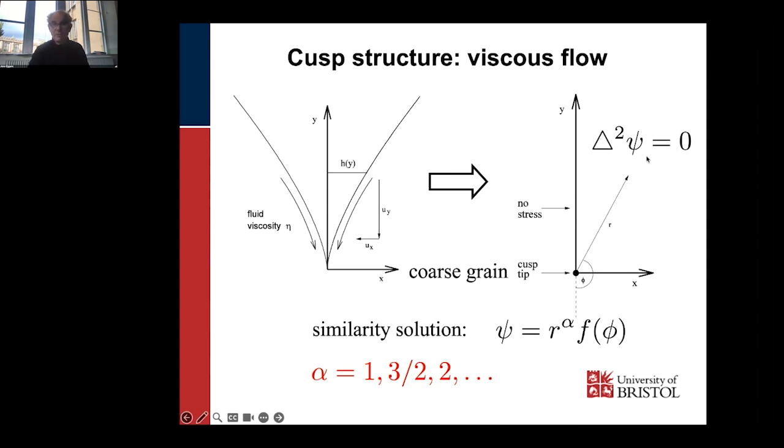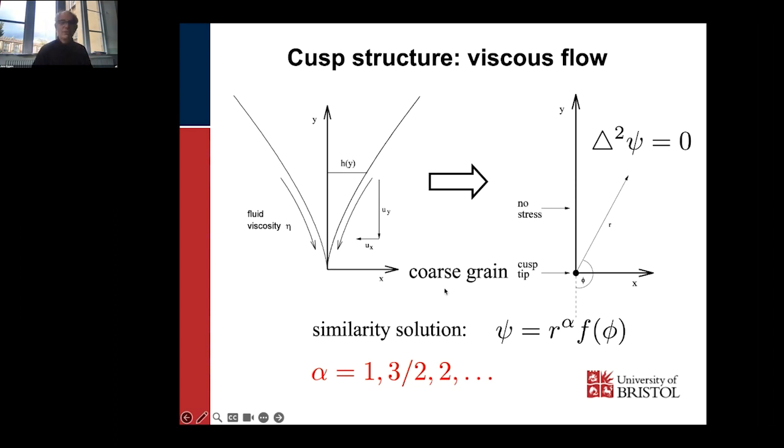You find the solution, which turns out to be a simple function in terms of sines and cosines, and then you impose the condition that there is no flux across this crack here and zero stress.